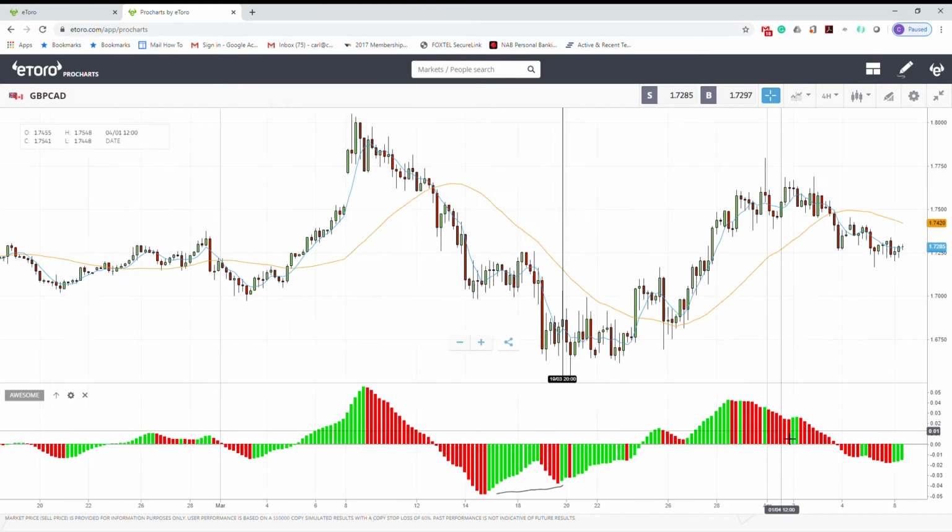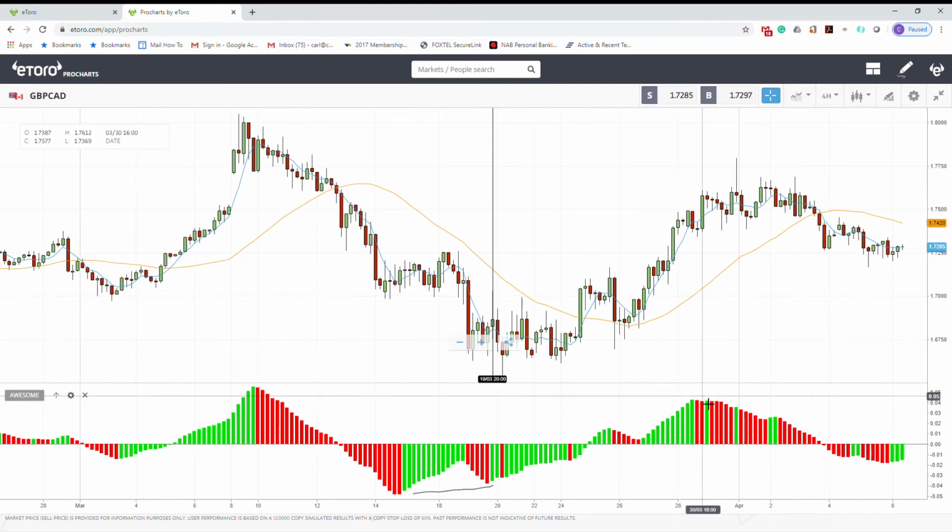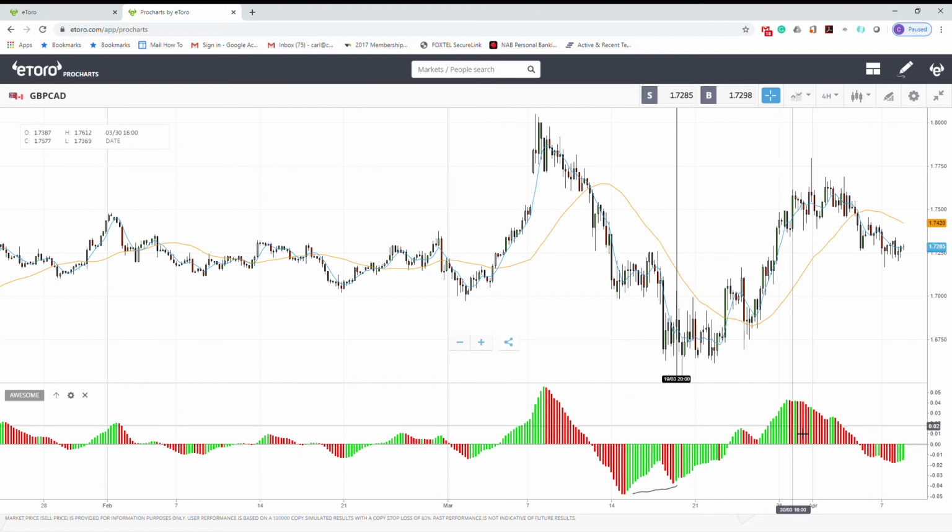So you can close your positions here and take your profit. This is a very nice one, when we have two lows where the second one is closer to zero. It can happen the other way when we have two highs, where the second one is lower or closer to zero, but we don't.